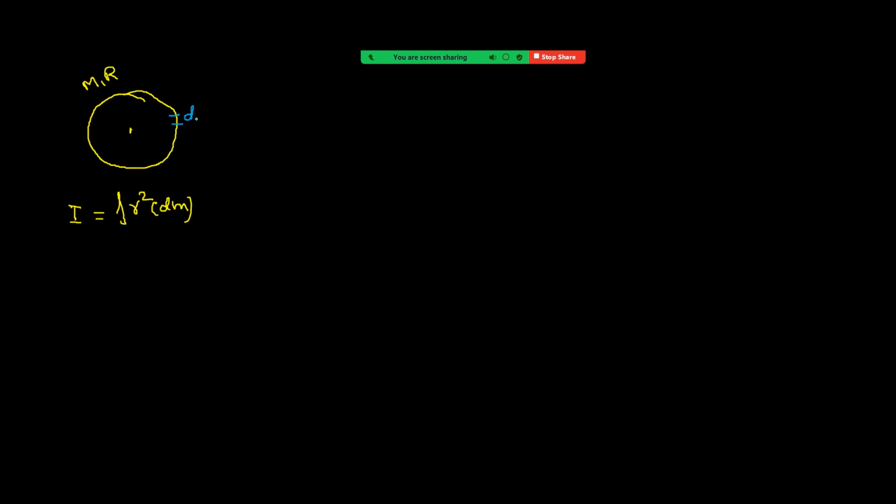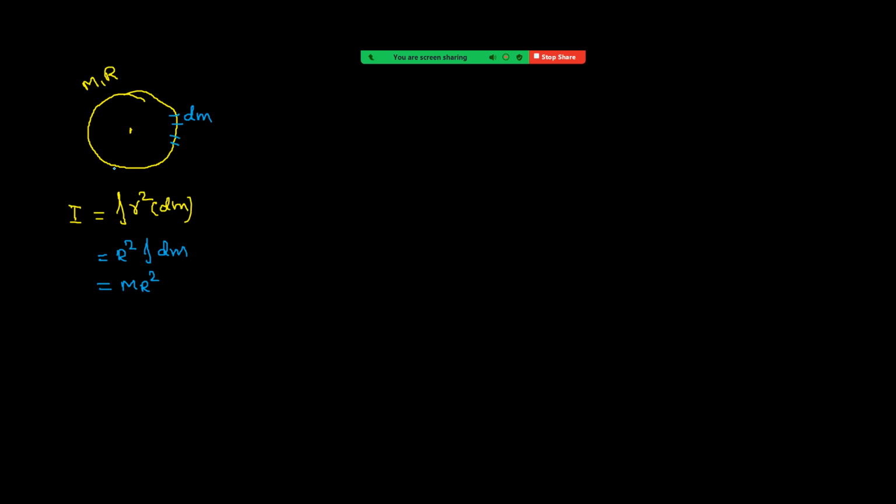Suppose taking a mass dm, its distance from the center is capital R. If you take one more dm, its distance from the center is again R. So each and every point mass on the ring is at the same distance from the center. That means we can take R square outside. It is now the integration of dm, and this gives us the mass of the ring. That means it is equal to M R square.